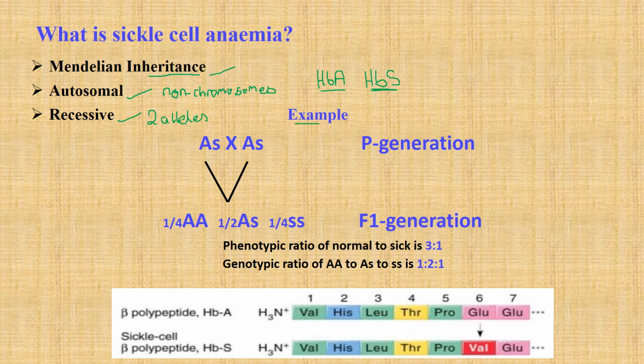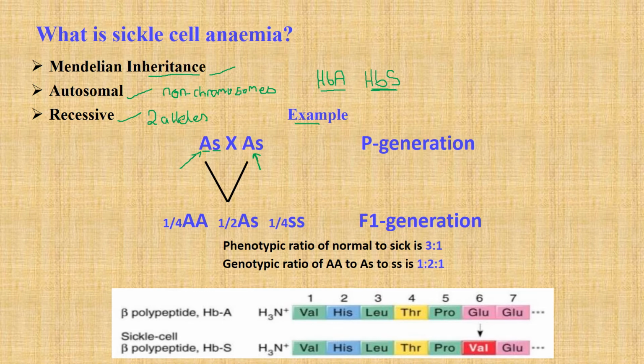Let's take this example below. We take a cross between a heterozygously normal male, a normal carrier, and a heterozygously normal female. We represent our normal hemoglobin as A because it is hemoglobin A, and we represent the sickle hemoglobin as small s, because it is hemoglobin S, a hemoglobin that has the sickle shape.